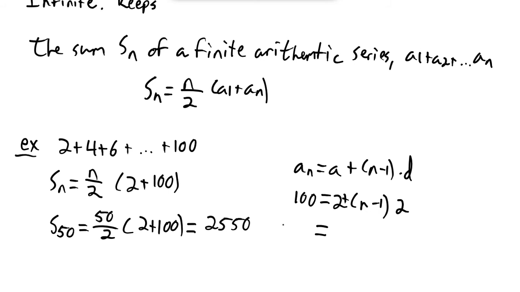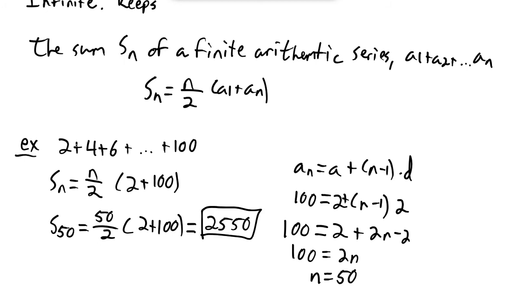So this is the same thing as saying 100 is equal to 2 plus, distribute that in, we get 2n minus 2, or 100 is equal to 2n. So that would have told us n is 50. So if you can't figure out the total number that you have, you can solve for it that way. Perfect.